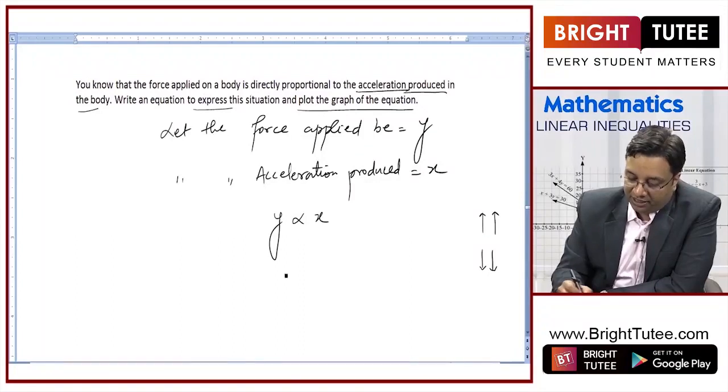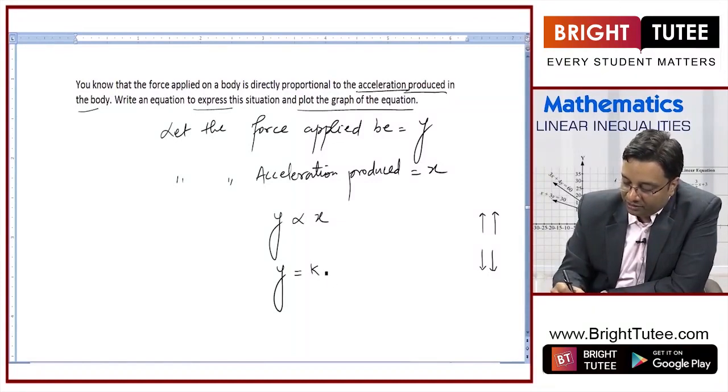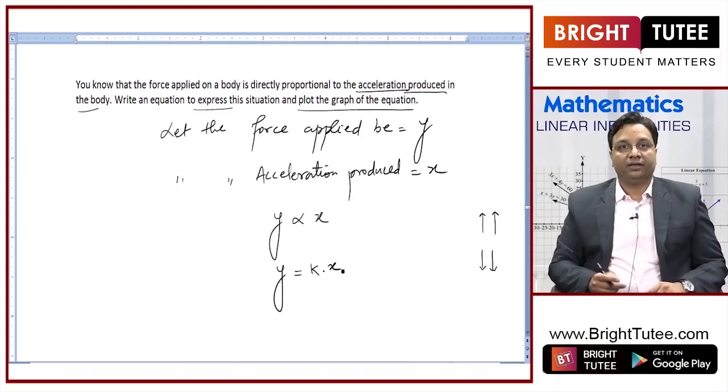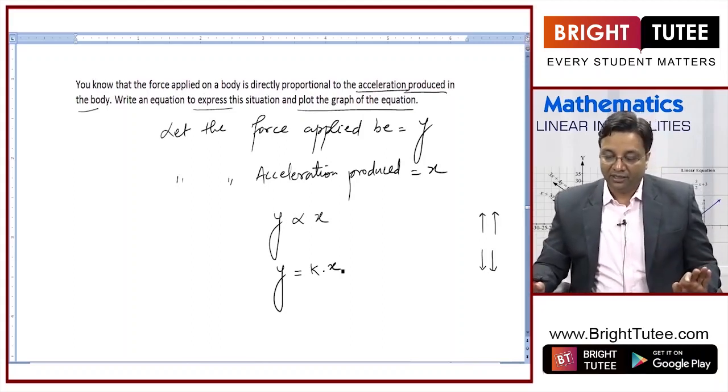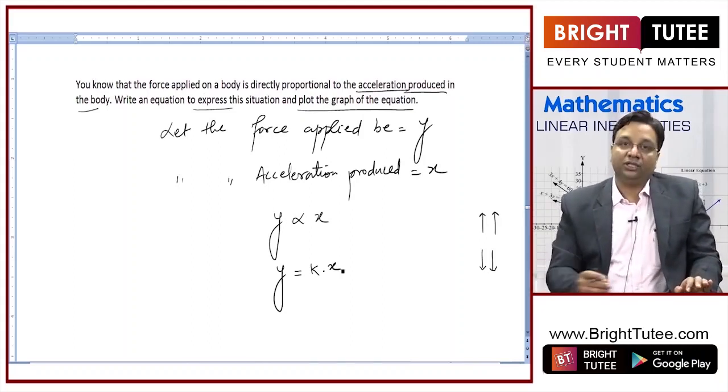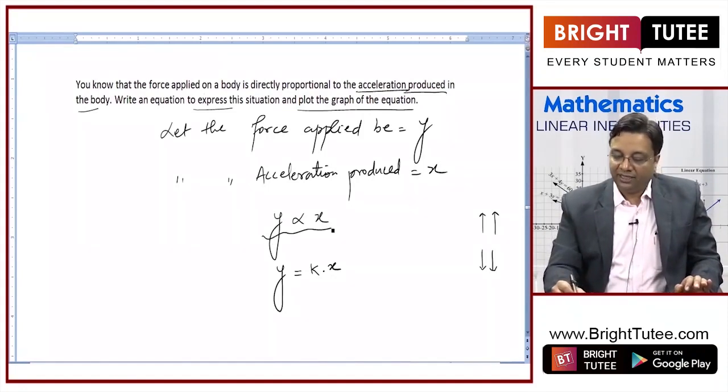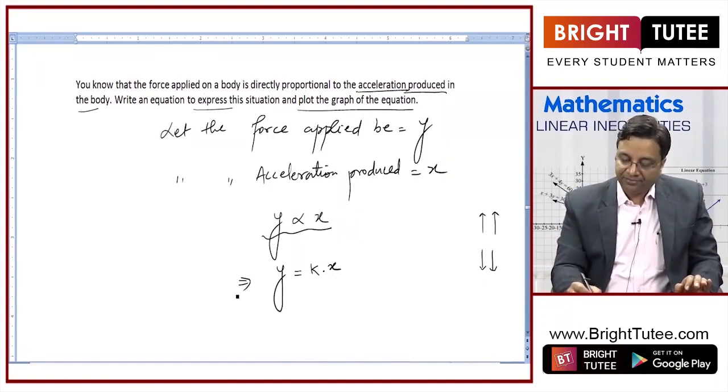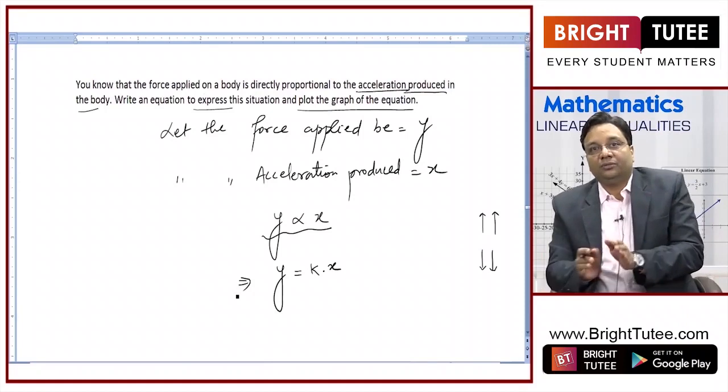So when something is directly proportional to x, you can also write it in form of equality by writing some constant here. So y is equal to some constant into x, right? This is the way we write proportionality. So I said that y is directly proportional to x, and it means that y is equal to some constant into x.